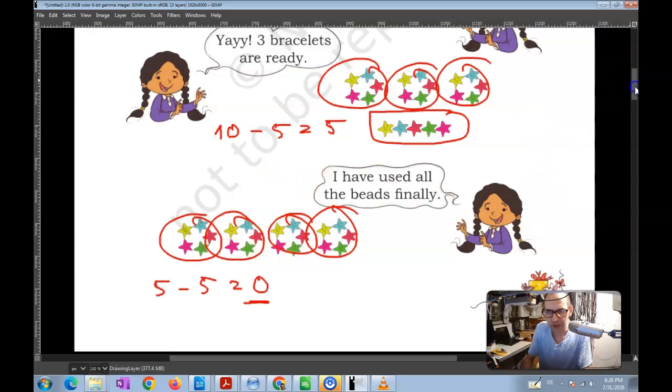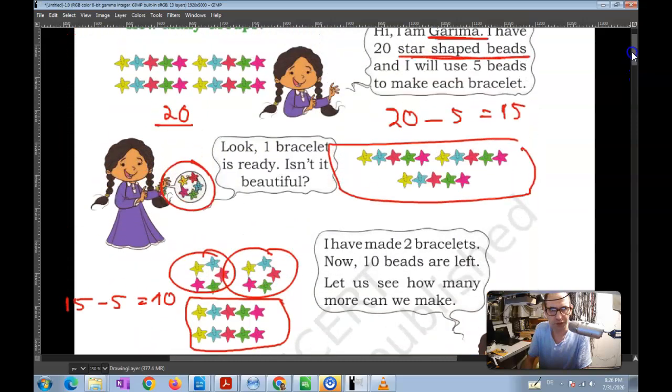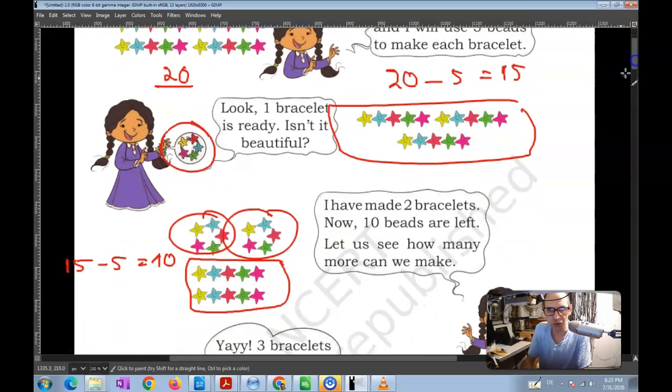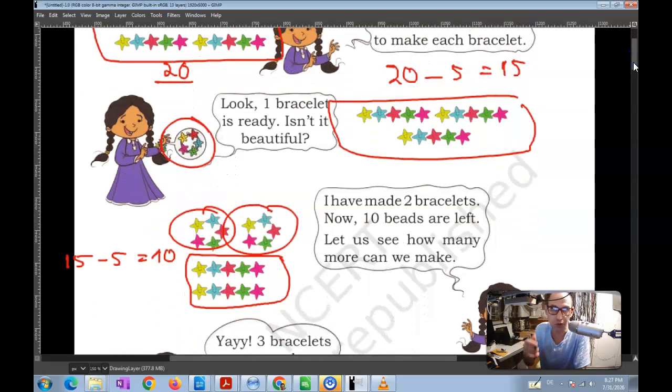Now this is a little different from the previous situations, because now we don't know how many groups we are going to have. We know the total number of objects that we want to distribute. We already know that we have 20 stars over here. But we don't know how many groups we are going to have.